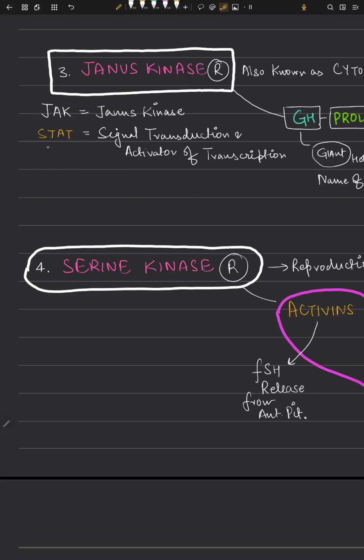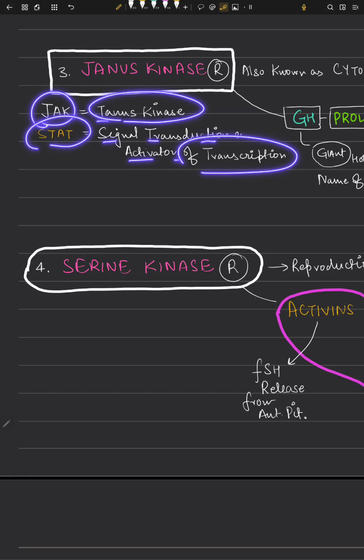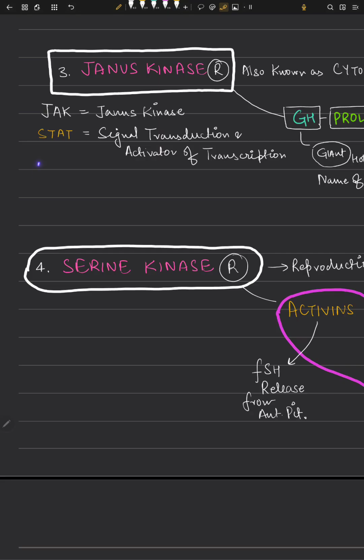Cool. There's JAK, that is Janus kinase, and there's STAT, which stands for signal transducer and activator of transcription. JAK is inside, and STAT gets phosphorylated and becomes like this with PO4.